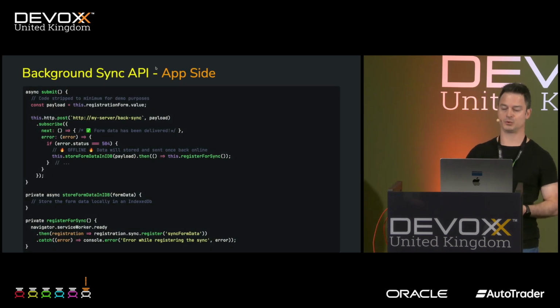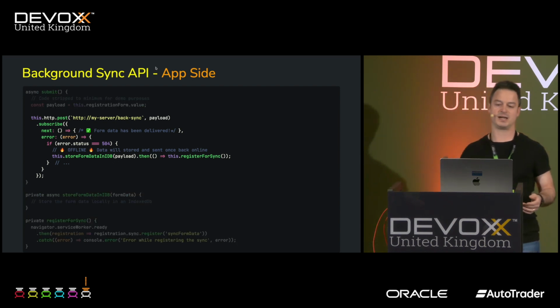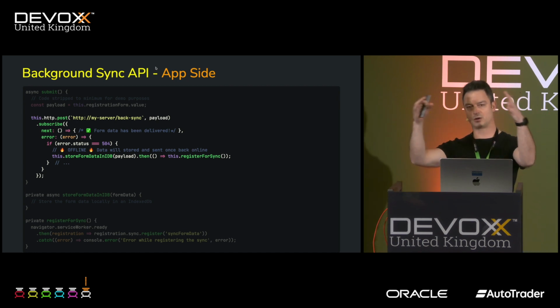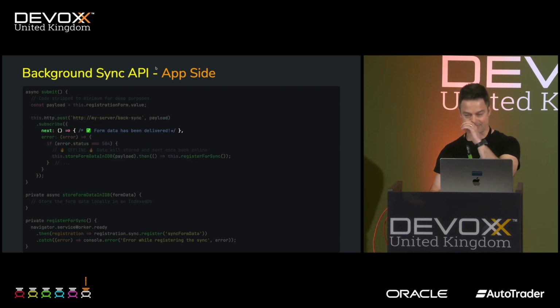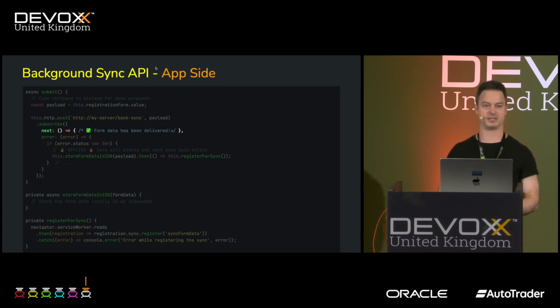How can we do that? First, on the application side, we do the POST. So the user clicks on the submit button, we collect all the form fields, and then we try to send it to the server. If we are online, of course, the data is shipped, and then everything is good.